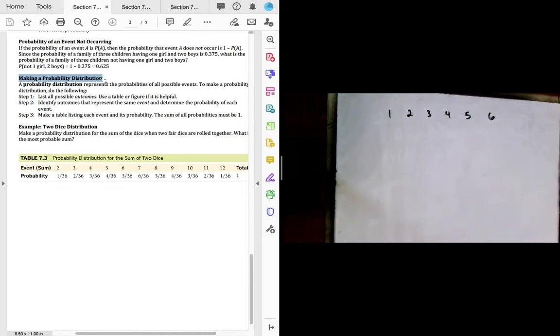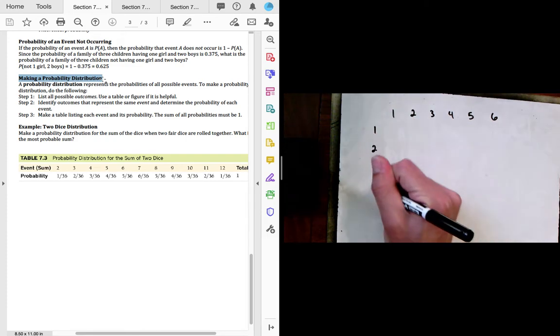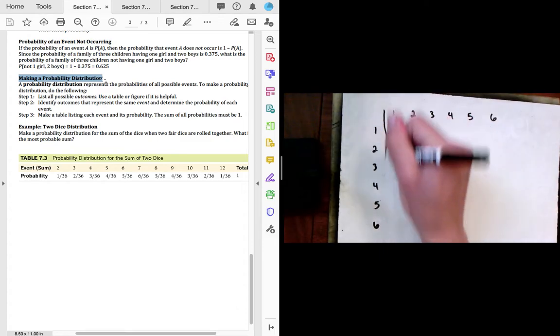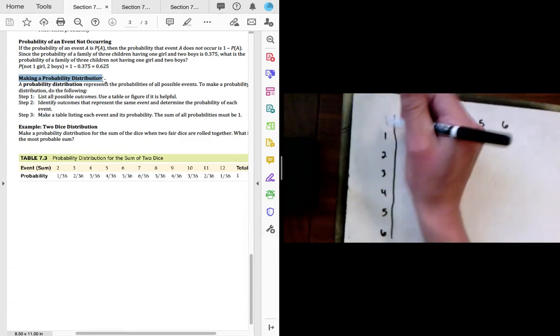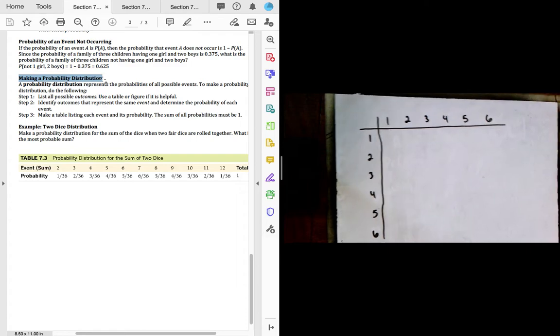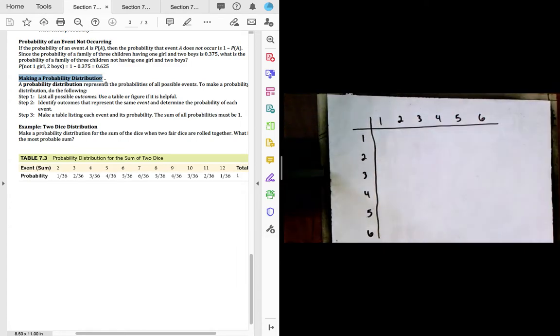And then I'm going to take the numbers 1 through 6 and write them as a column along the side. And now in here, I'm going to fill out this chart by taking the number from the row and the number from the column and adding those values together.